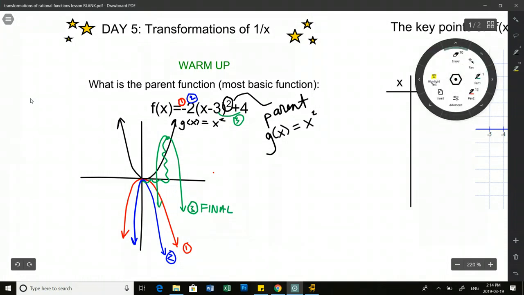So a couple reasons why we do this. Number 1, we basically just do this so we know the order of transformations. That's important, right? So this helps me to know that you know that the order of transformations is flips, stretches, compressions first, and then shifts last. This also helps us get kind of a prediction of what our final graph would look like once we do calculations.